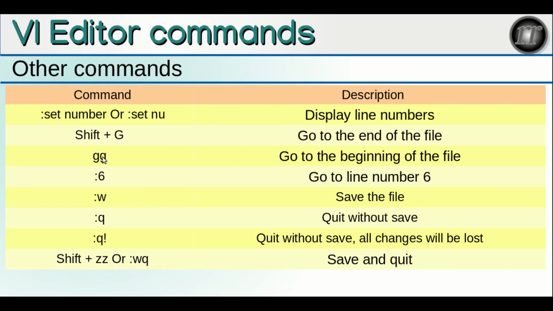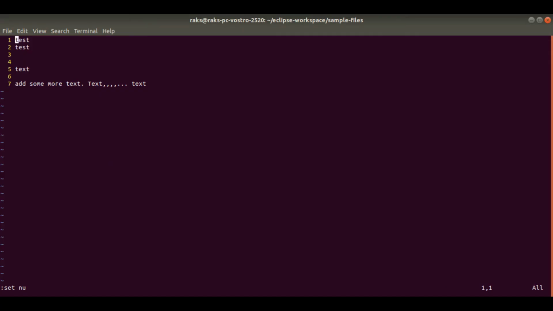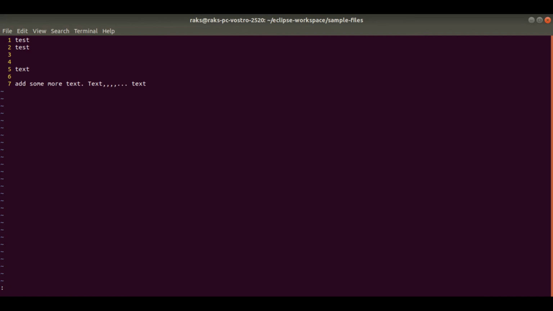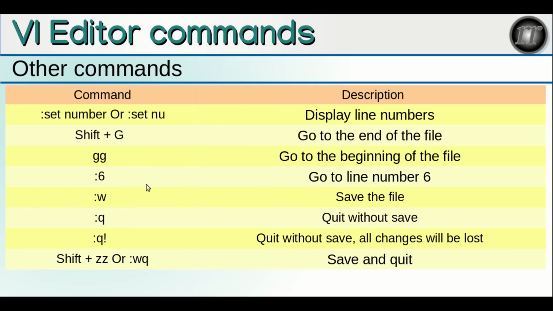And if you want to go to the beginning of the file, just press G twice, and the cursor is now at the first line. And if you want to navigate to a specific line, just press colon and the line number, say second line, so it will navigate to the second line.